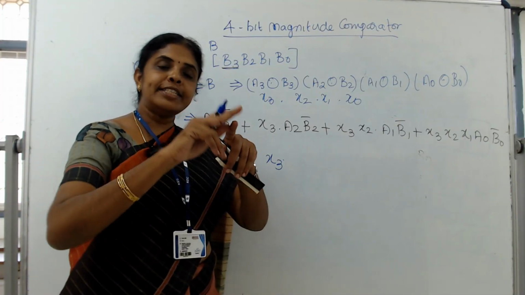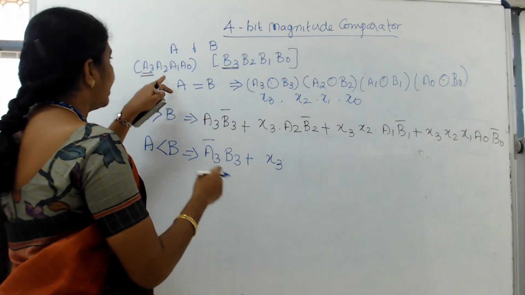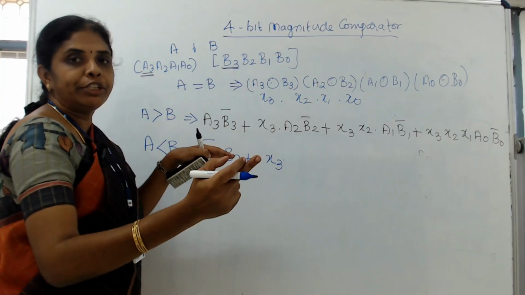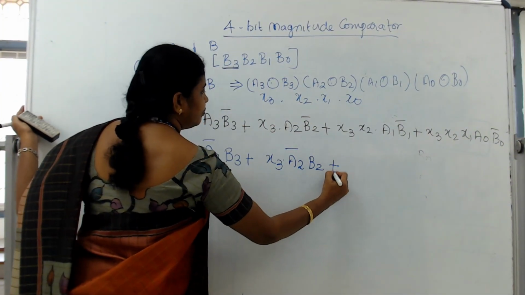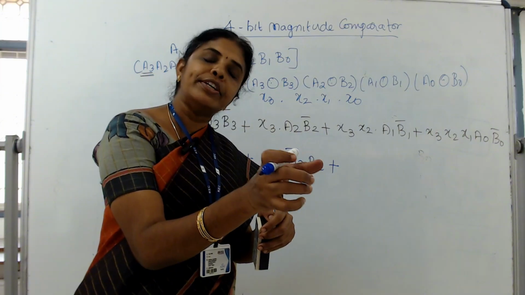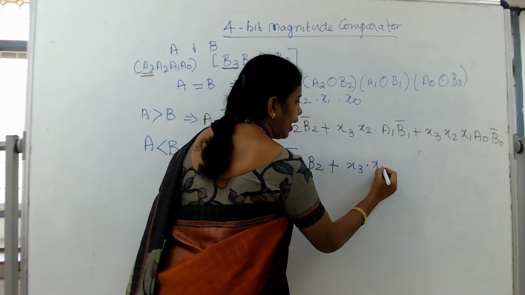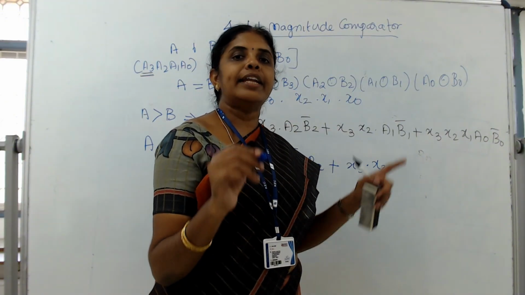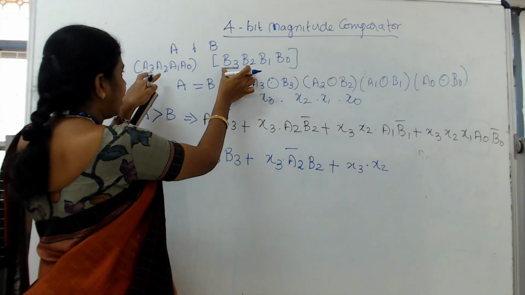Now scan the next bit, that is the A2 bit and B2 bit. So A2 should be 0, B2 should be 1, which means A2 bar into B2. Now the third condition, the first two bits of A are equal to the first two bits of B, which means x3 into x2, where x3 represents A3 XNOR B3 and x2 represents A2 XNOR B2.